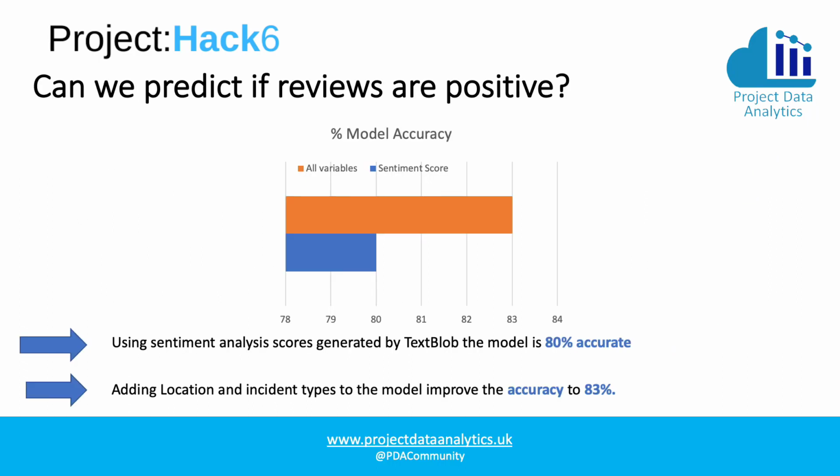And as you can see on this graph, when we use all the variables in the dataset, including the score from TextBlob, but also the location of the incident and the type of the accident, we achieve an accuracy of 83% in predicting the positivity or negativity of the review. And when we use the text scoring from TextBlob alone, we achieved 80%.